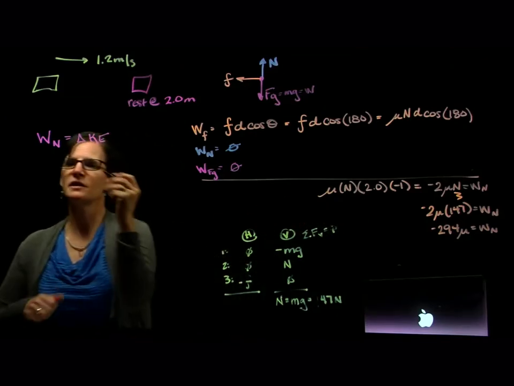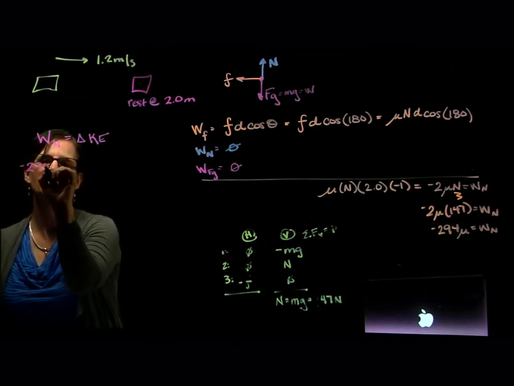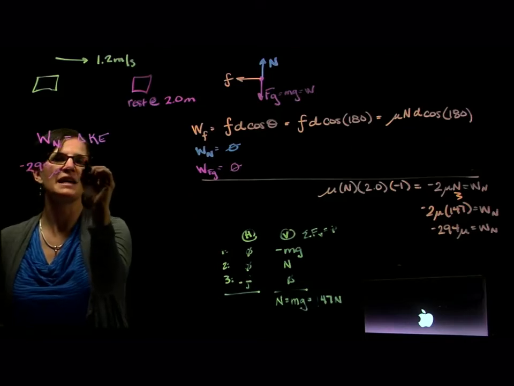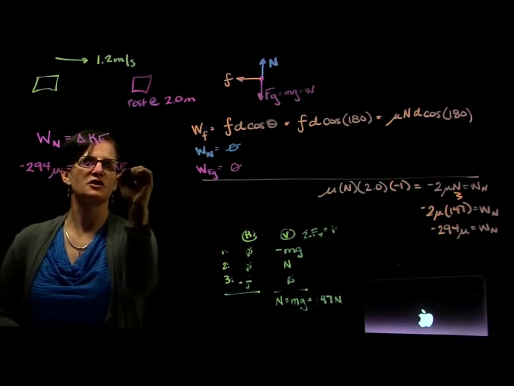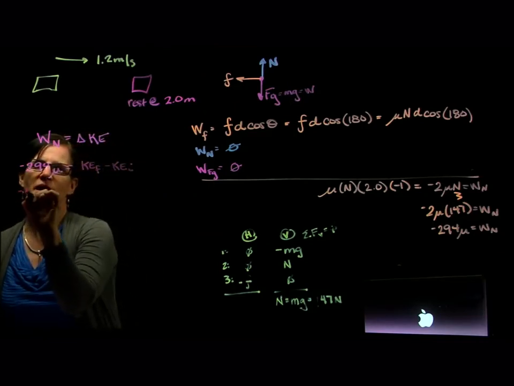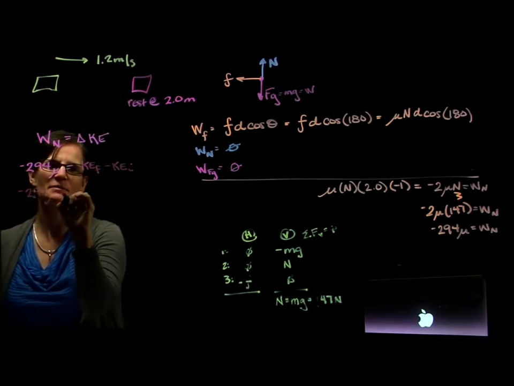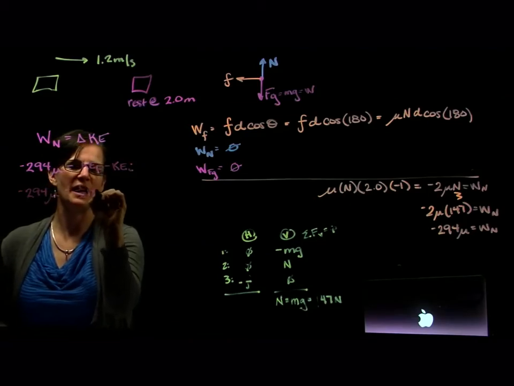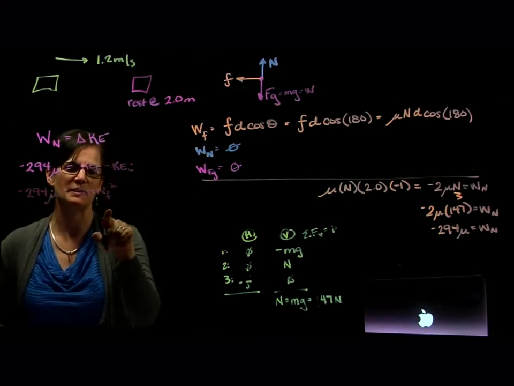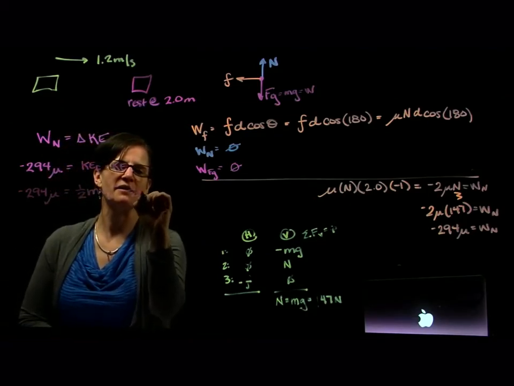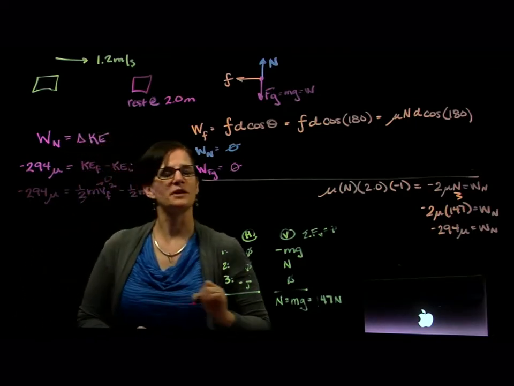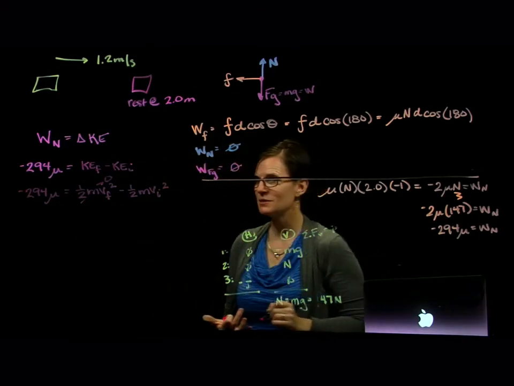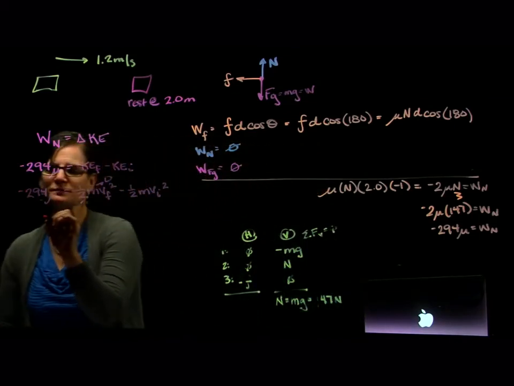Negative 294 mu is equal to my final kinetic energy minus my initial kinetic energy: 1/2 m v final squared minus 1/2 m v initial squared. We know the object comes to a stop, so there is no final velocity.